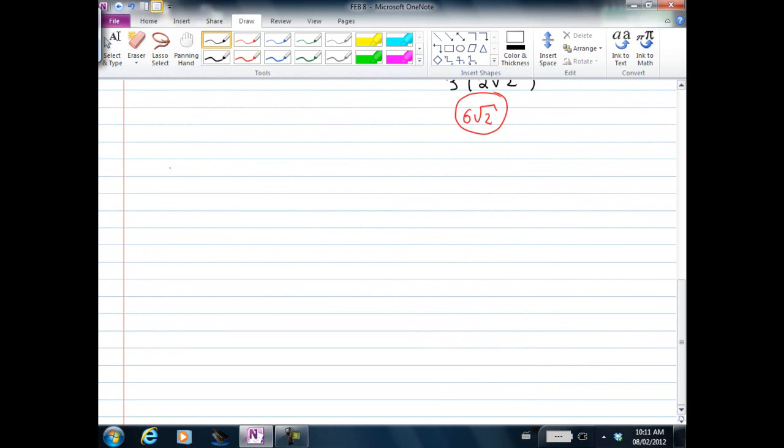Okay, try this one. I want 4 root 72. 4 root 72. It's just a game. What's the largest number that can break it down? Eeny, meeny, miny. Jessica, what's the largest number? 36 is correct.